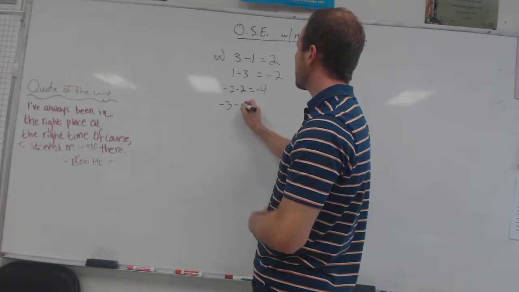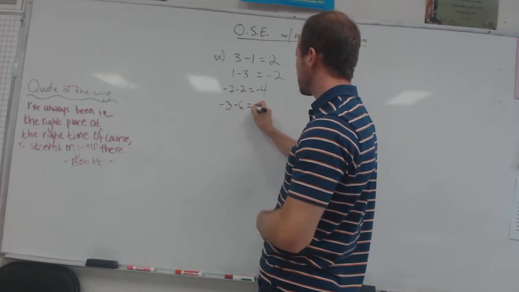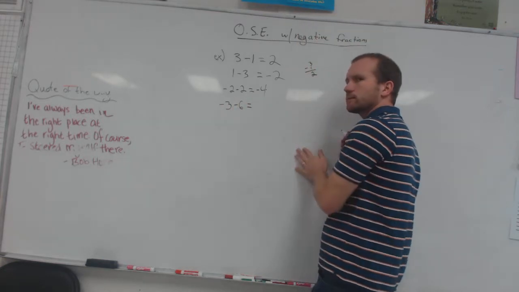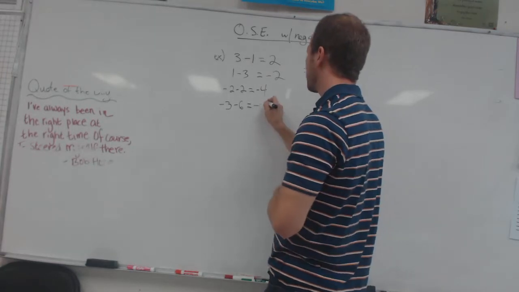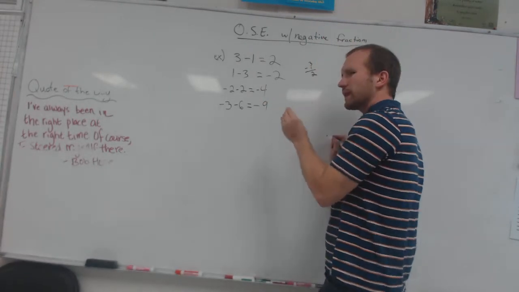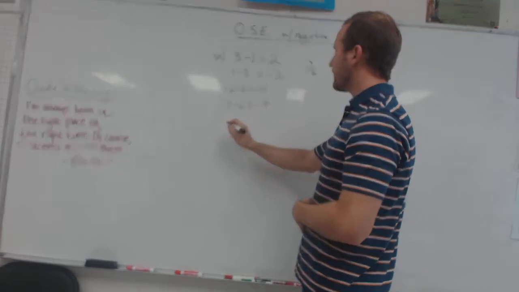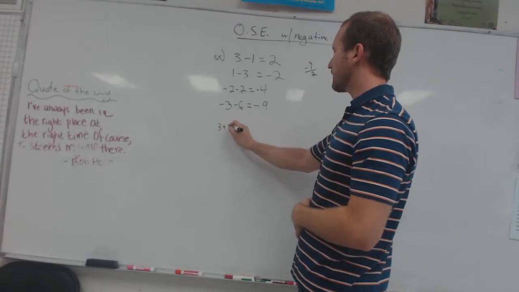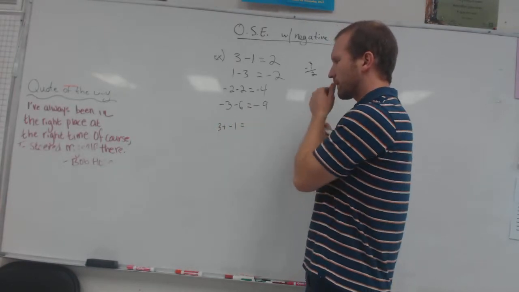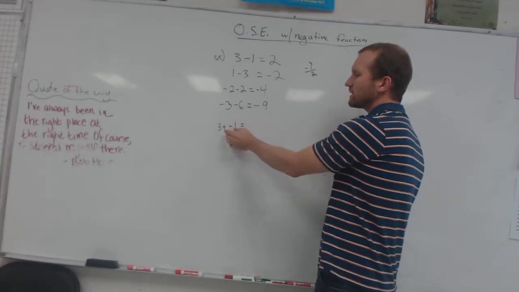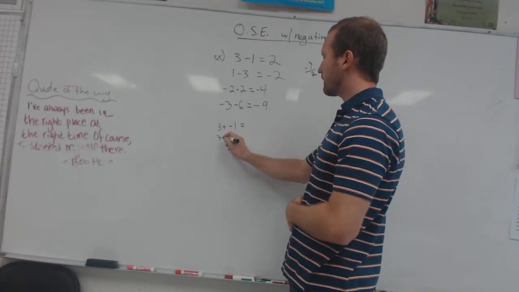Negative 3 minus 6. Negative 9. And then there's one other tiny little trick to these. What if I had 3 plus negative 1? This is just the same thing as 3 minus 1.